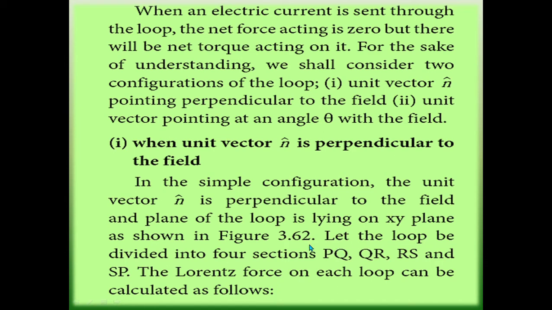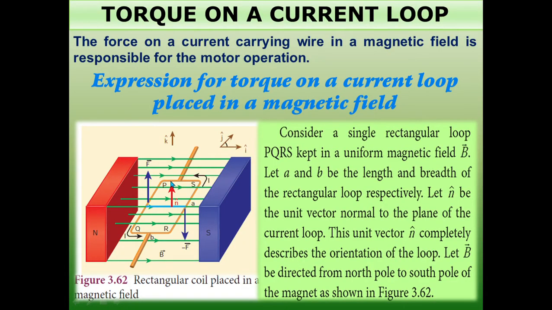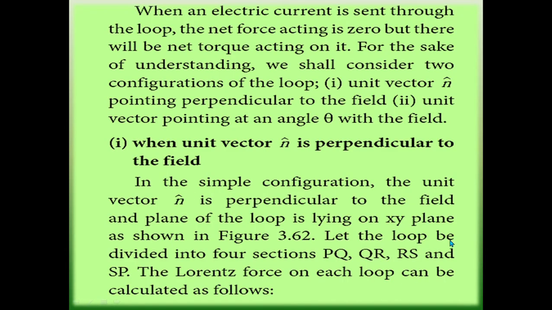Let the loop be divided into 4 sections. What are they? First section is P to Q, second is Q to R, third is R to S, and the last is S to P. So the loop is divided into 4 sections PQ, QR, RS and SP.